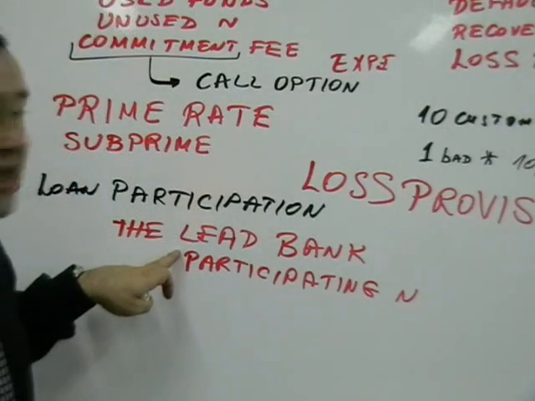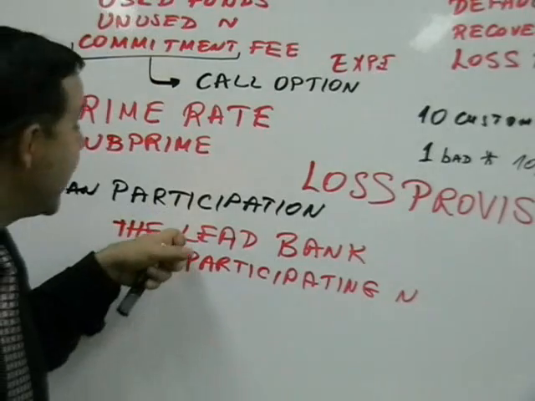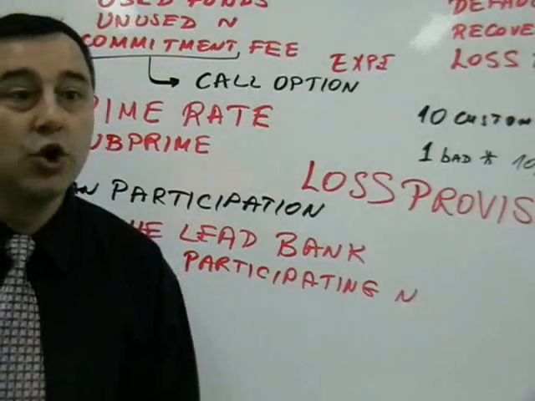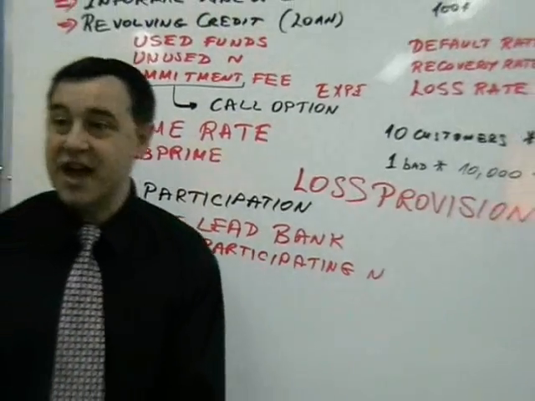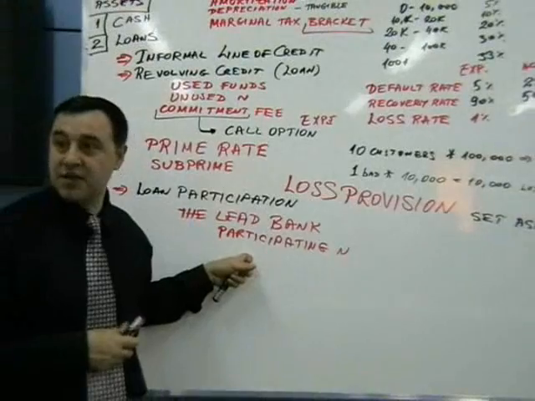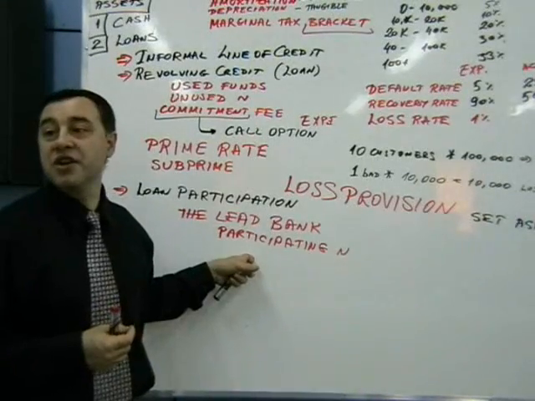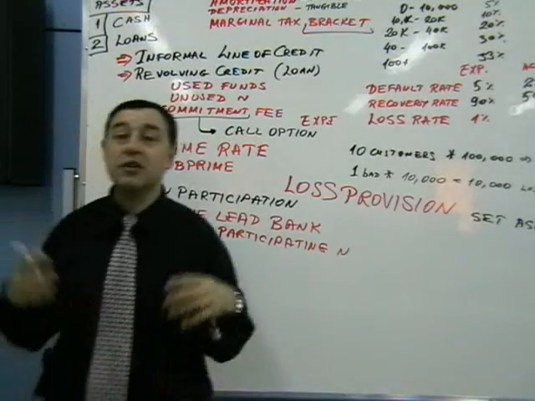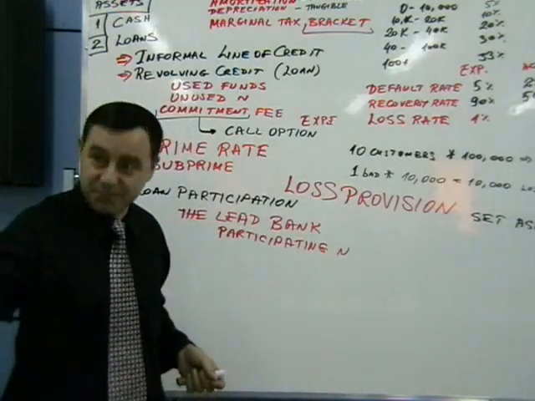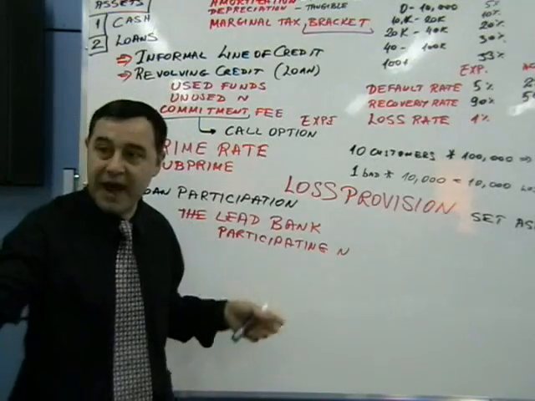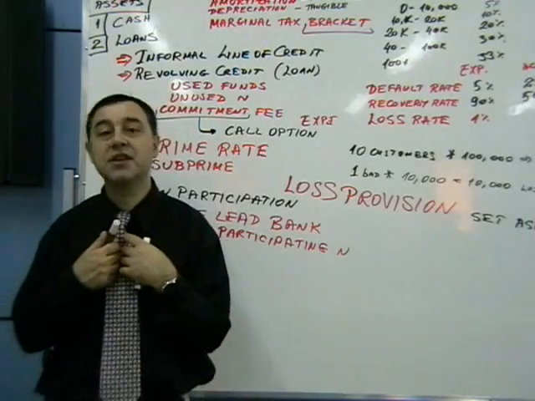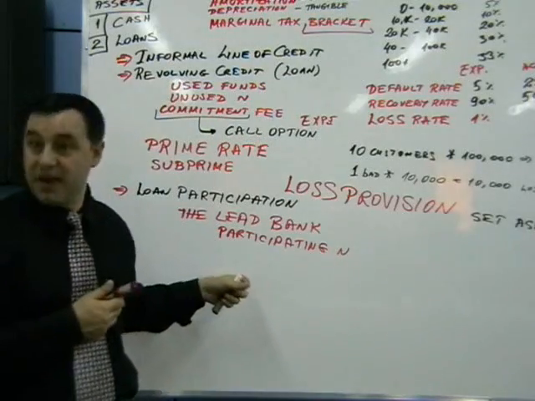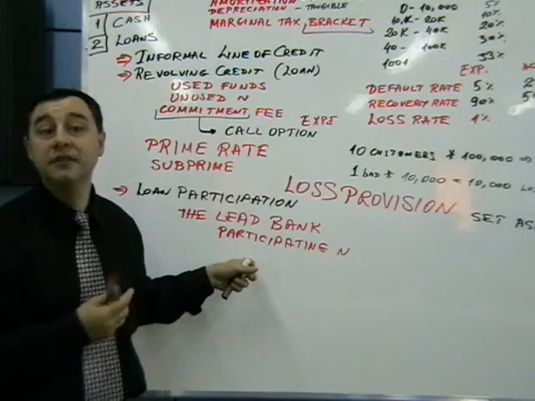Now, the key in a loan participation is that the lead bank does not assume the full risk. In other words, participating banks share in the risk on a pro-rata basis. It simply means whatever the losses are, if you financed 5% of the full amount, you're going to be sharing 5% of the losses and 5% of everything else. All right? If you made 50%, you're going to be sharing 50%.